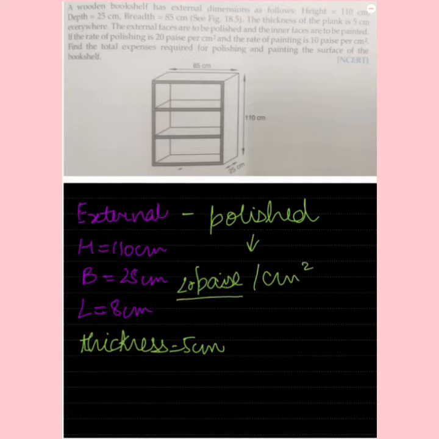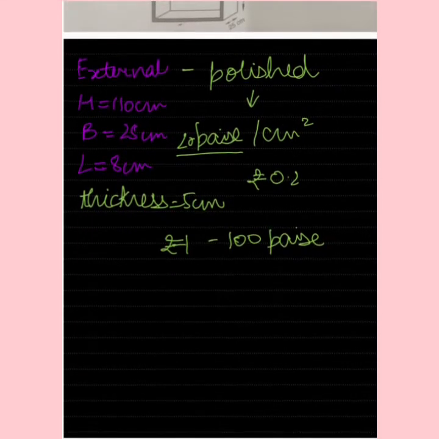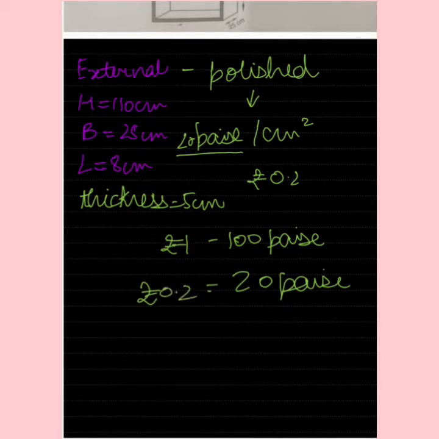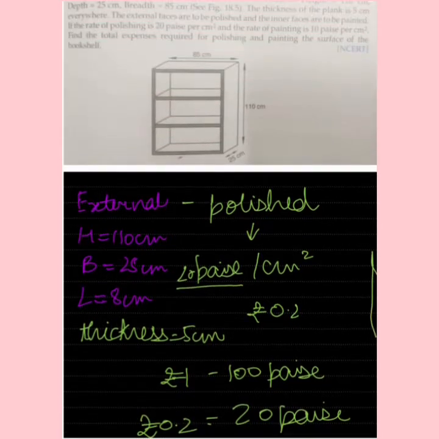Now 20 paise can be written as rupees 0.2. The reason behind the same is as rupees 1 has 100 paise. Therefore 20 paise will be equal to rupees 0.2. So the cost will be rupees 0.2 per centimeter square, one and the same thing.